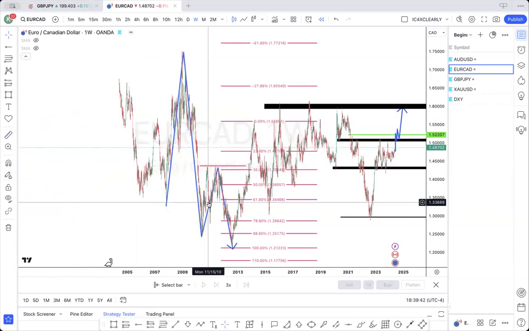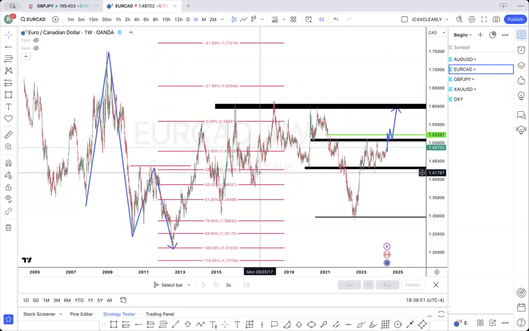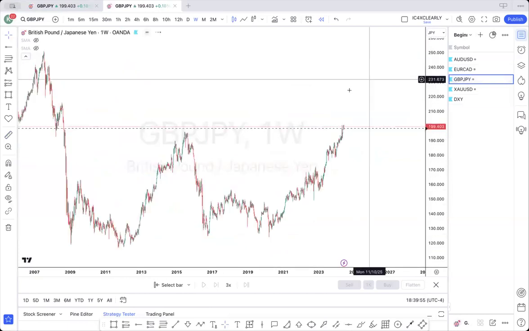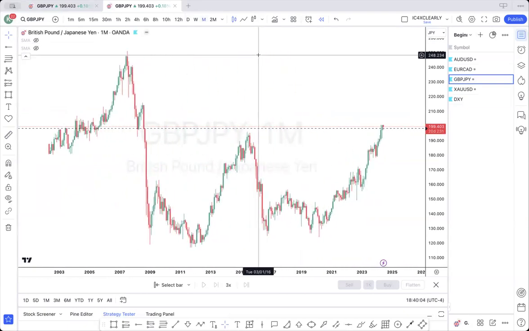Always know where you are on your chart. Because that will help, and I'm sure once I look at GJ, it's gonna make sense to me what happened today.